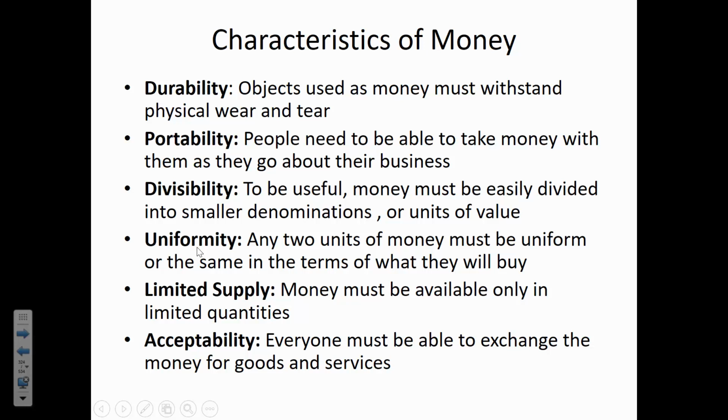Zimbabwe is another one where they had hyperinflation, and so the old dollar, I don't even remember what the name of their currency is in Zimbabwe, but the point is that since they replaced their currency, then any two units of money wouldn't necessarily be uniform because it was the old dollars and the new dollars.